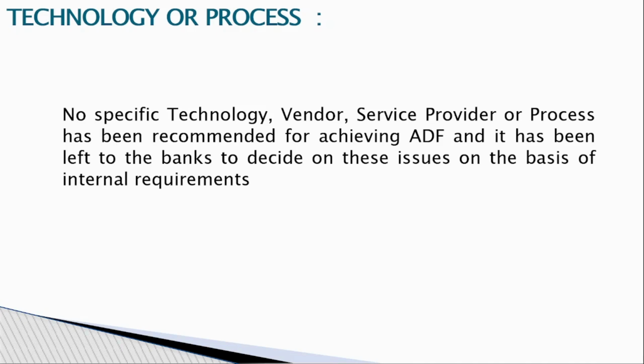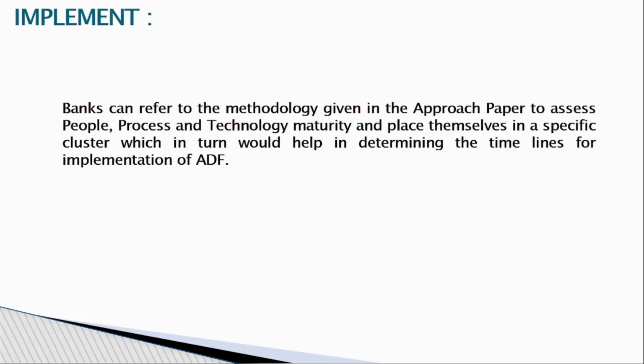You can use your own core banking, your own vendor, service provider, and process. Process recommendations are all given by ADF. You can decide the vendor and service provider. Finally, they want ADF, automated data flow, implemented. Banks can refer to the methodology given in the approach paper to assess people, process, technology and maturity.